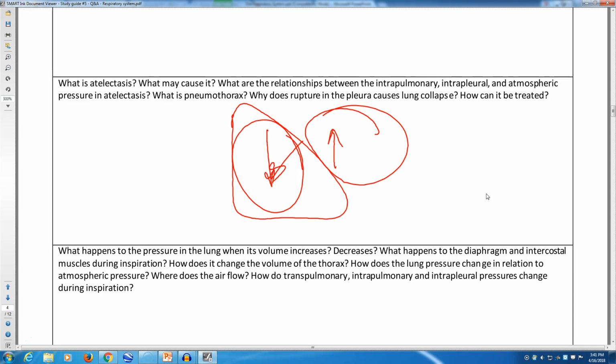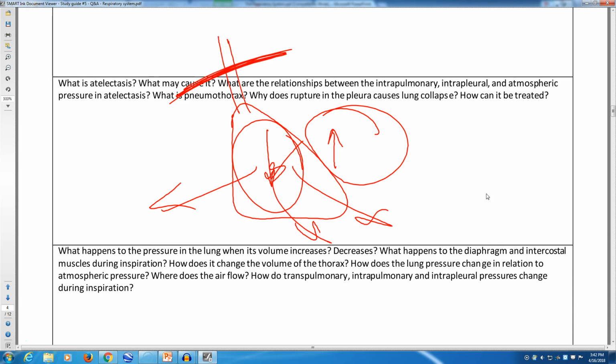Does that make sense? So if we block, that's a bronchus, okay? If we block the bronchus right here, there's no air getting in, but gas inside of the lung is actively diffusing into the blood. So gases leave the lung, going into the blood. Pressure in the lung decreases.